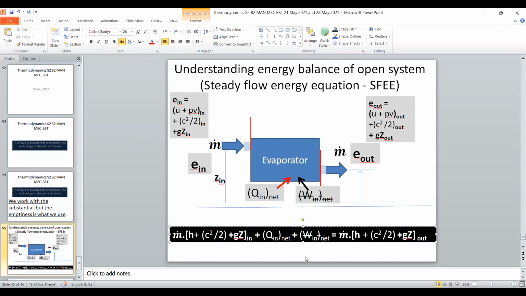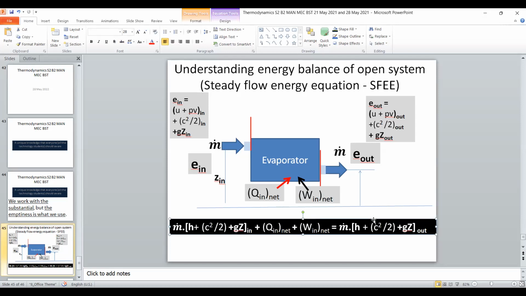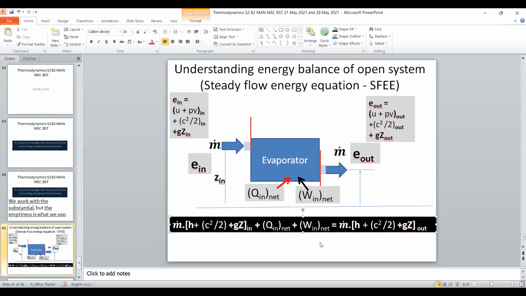And okay, before that, maybe I will rearrange this.